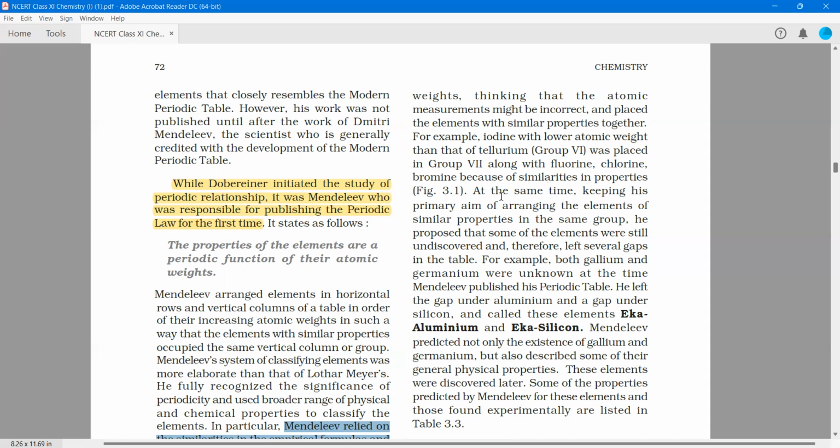Okay. So at the same time, keeping this primary aim of arranging the elements of similar properties in the same group, he proposed that some of the elements were still undiscovered and left spaces in the table for them.